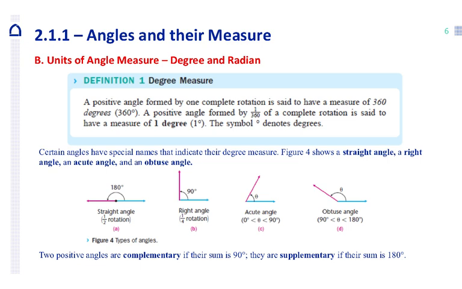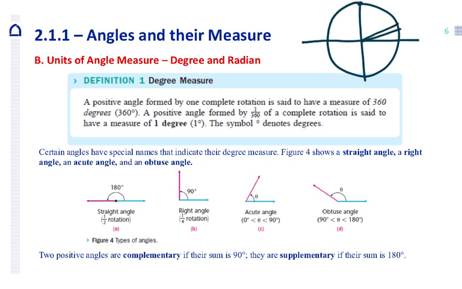A little bit more vocab. Again, a degree is just the idea that you took a circle and you cut it into 360 slices. So if you went halfway around that circle, that's 180 slices or 180 degrees. We call that a straight angle.